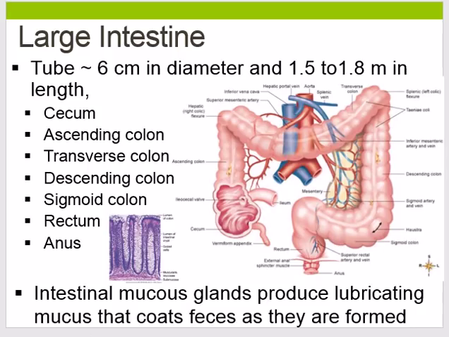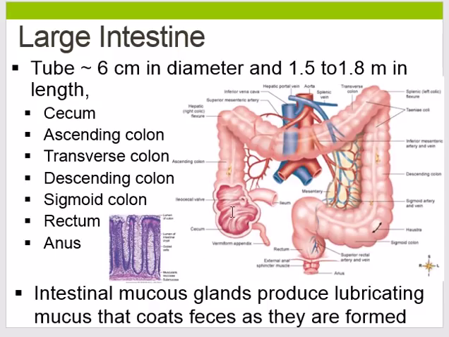The intestinal mucosal glands are going to produce a lubricating mucus that will coat the feces as it's formed, to allow for nice fluid movement. Otherwise, there would be a significant amount of friction. And remember, we spoke about goblet cells secreting the mucus. I'd also like to mention the presence of rugae.